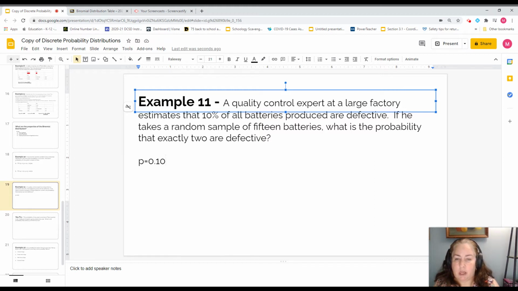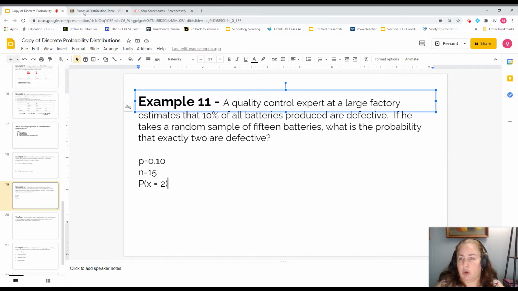If he takes a random sample of 15 batteries, so he's telling you he's taking 15 batteries, what is the probability that exactly 2 are defective? The probability that exactly 2 means X is equal to 2. So we have a P of 0.10, an N of 15, and an X is equal to 2.